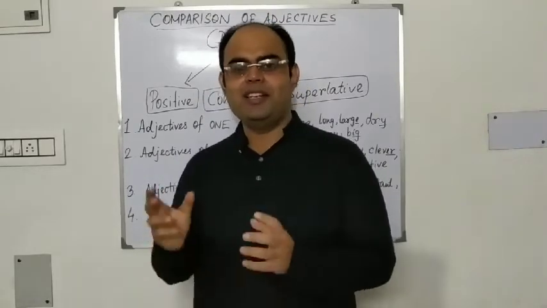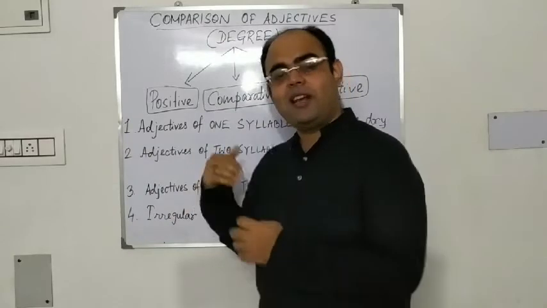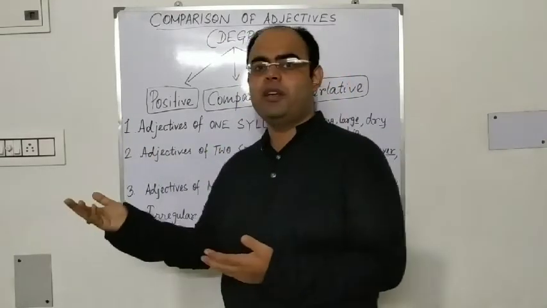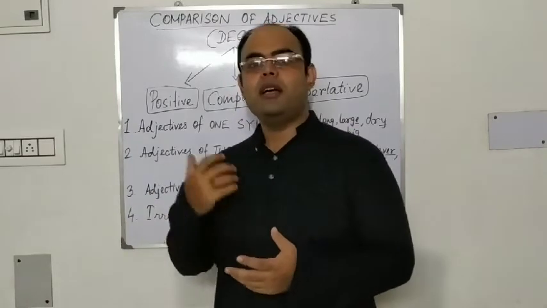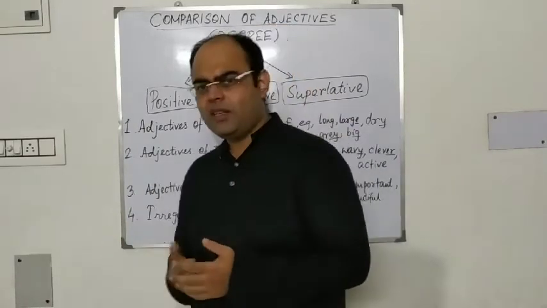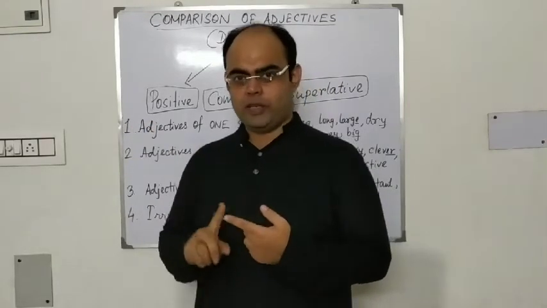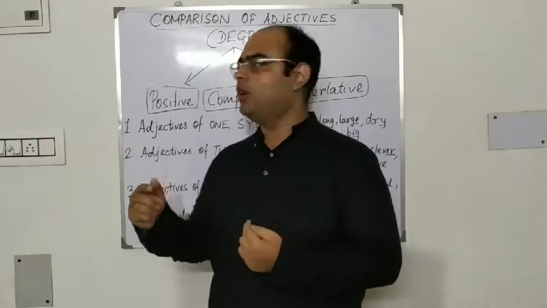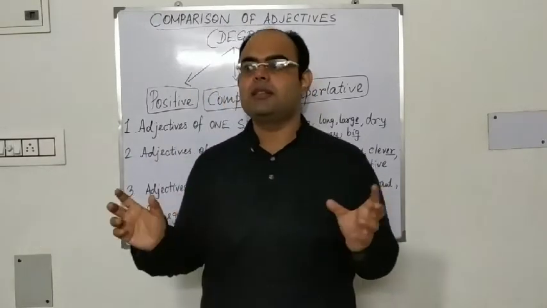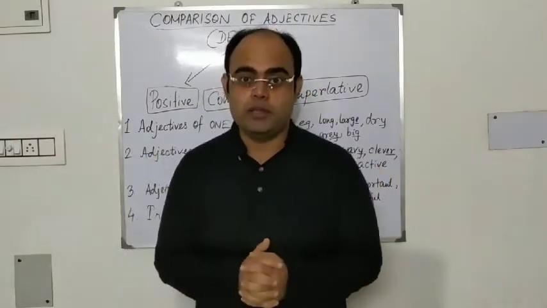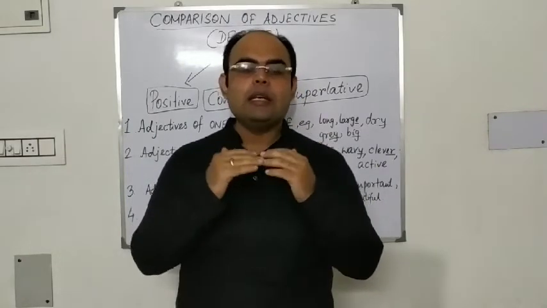Whatever the quality is, the degree is said to be in positive degree. It can be a negative quality also. He may not be tall, he can be short also. But even then we would call that a positive degree. So a quality of one noun or noun equivalent, we call it positive degree. Now, two nouns or two noun equivalents have the same quality, but the difference is in their degree or intensity.